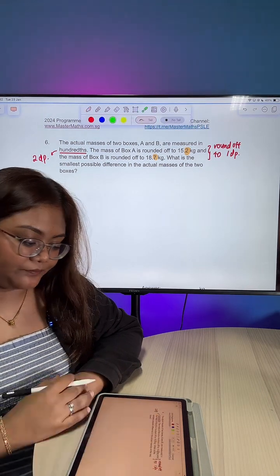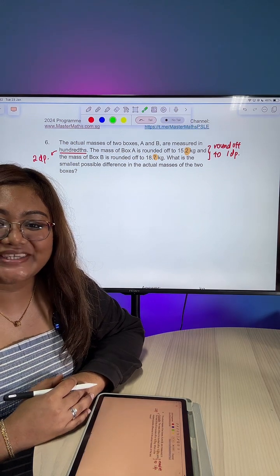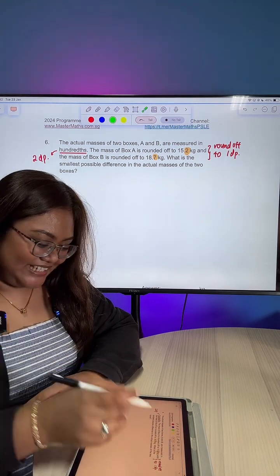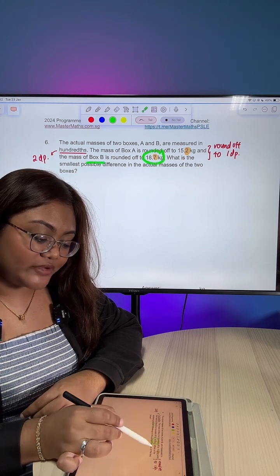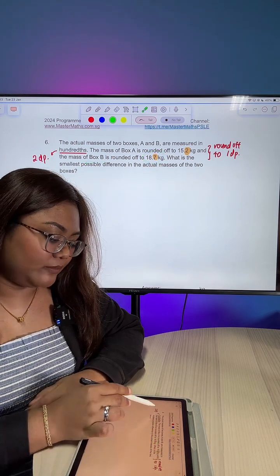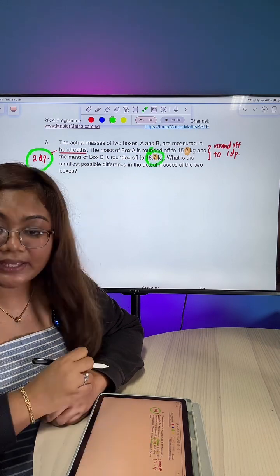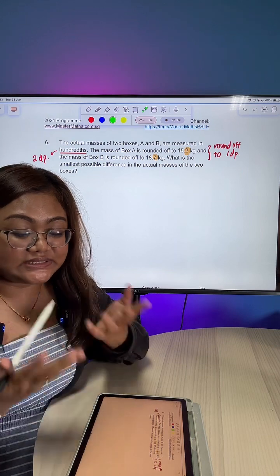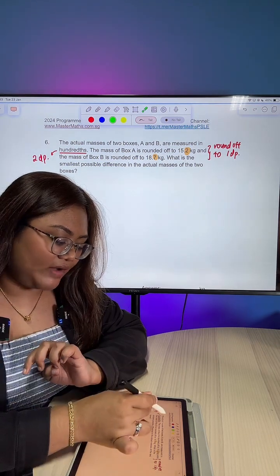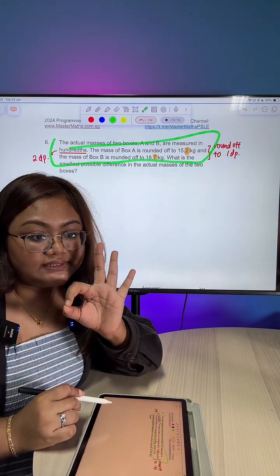Understand? Alright. B also same thing. The mass of box B is rounded off to 18.7 kg. Means from 2 dp suddenly drop to 1. How come? I am rounding to 1 decimal place. So this is what the question is telling us so far. Everybody understand?